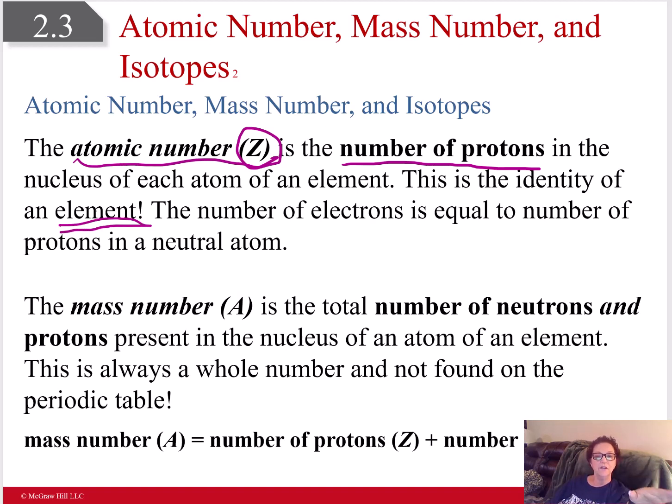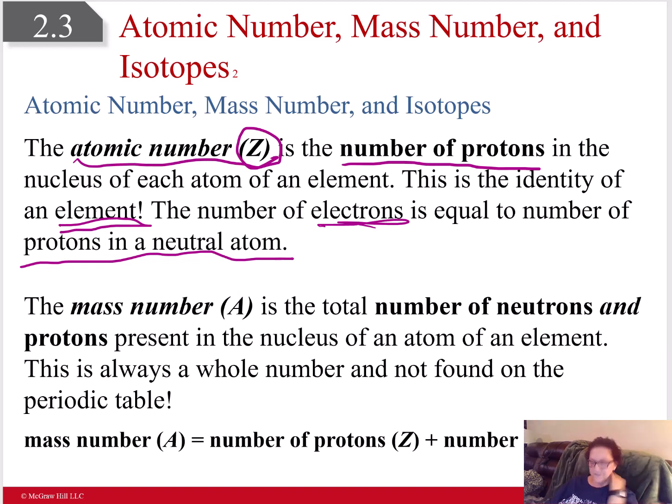The number of electrons is going to be equal to the number of protons in a neutral atom. So if you know the number of protons, you know the number of electrons.